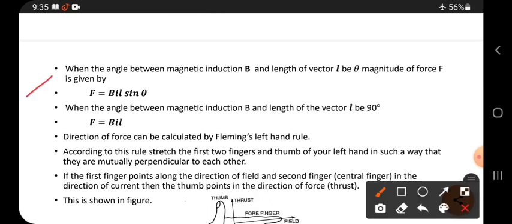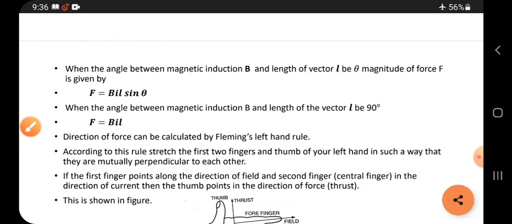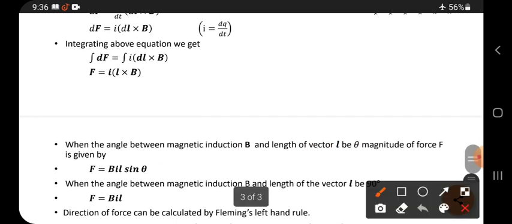When the angle between magnetic induction B and the length vector L is theta, then the magnitude of the force is given by F equals B I L sin theta. Generally it is a cross product.